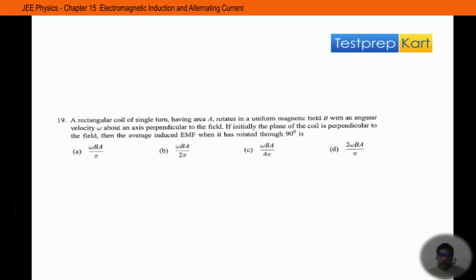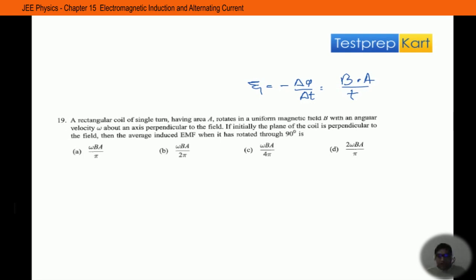So EMF induced, again we are going to use Faraday's law, that is delta phi over delta t with negative sign, but here we are focused on magnitude. So it is B into A upon t. But here time is not given.